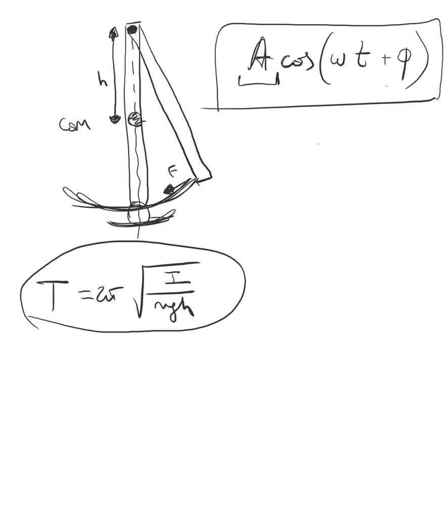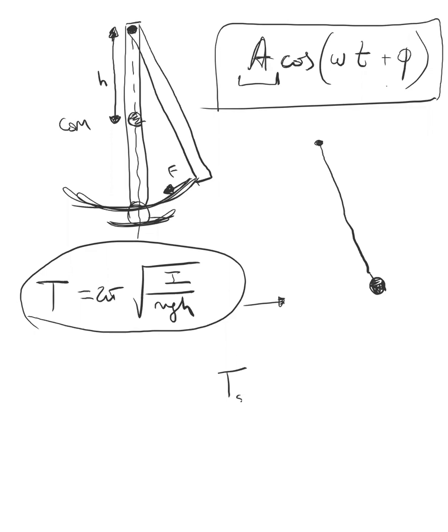And to see how, let's draw this simple pendulum where you have a rope and you have this point-like mass. And let's see what we get if we apply this formula to the period of the simple pendulum.